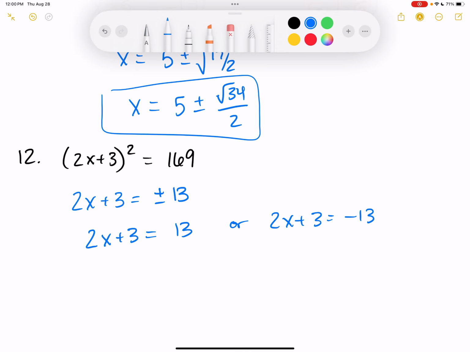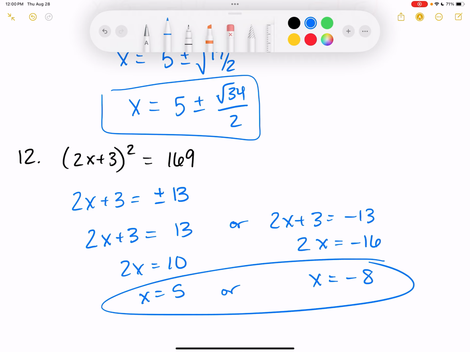I'll work the left one: subtract 3, 2x equals 10, divide by 2, x equals 5. Over here, subtract 3, 2x equals negative 16, divide by 2, x equals negative 8. So my answer is x equals 5 or x equals negative 8.